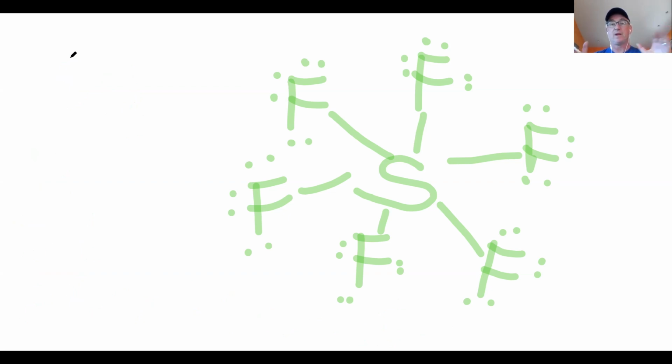So we're done. The question is, what shape is this? So we go back to good old AXE. A is our central atom, that's sulfur. How many atoms surround the central sulfur? 6.